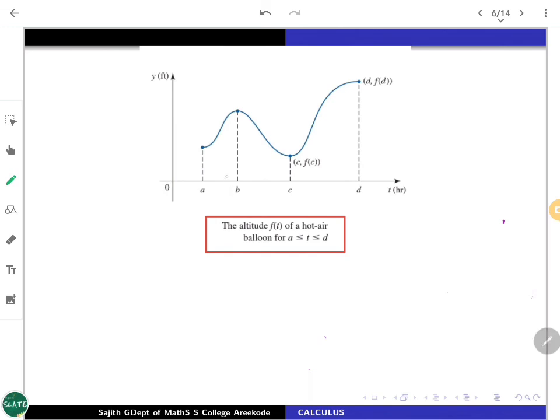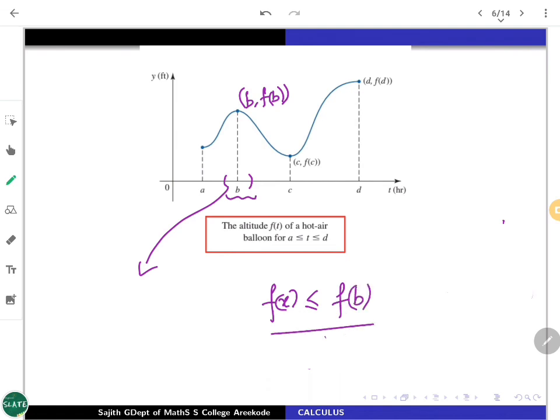Look at b and see, we are going to get a neighborhood of b. Neighborhood means some open interval around b. If you are working in this open interval, what can you say about the functional values? Corresponding to b, I have f of b here, so that value f of b is going to be the maximum in that interval. If you are playing with x's inside the interval, my f of x values are obviously going to be less than or equal to the f value at b.